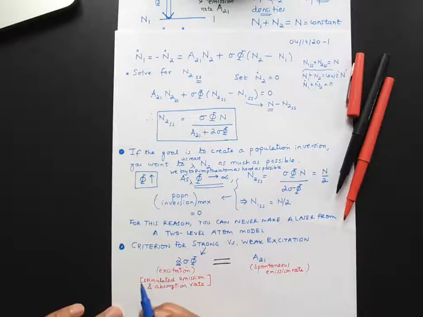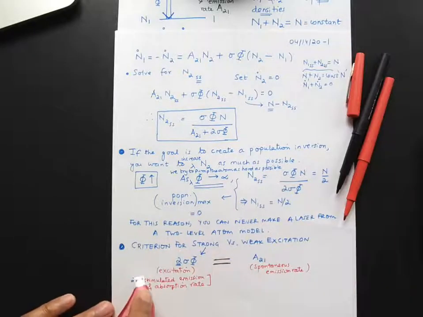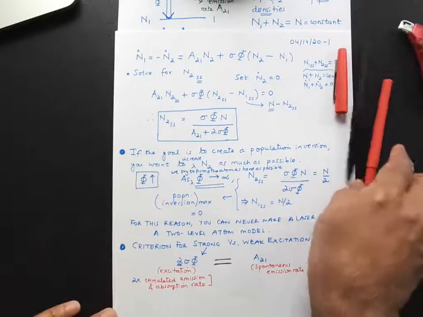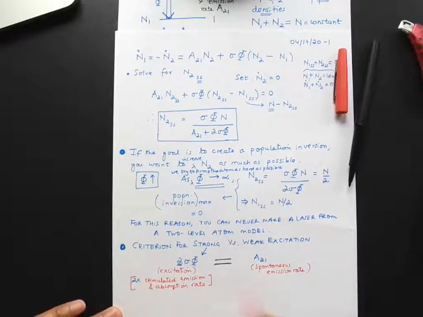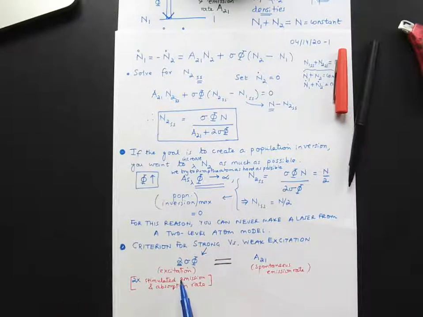The excitation rate is 2 times the stimulated or absorption rate. So when twice your stimulated emission rate is equal to the spontaneous emission rate, what is that intensity?